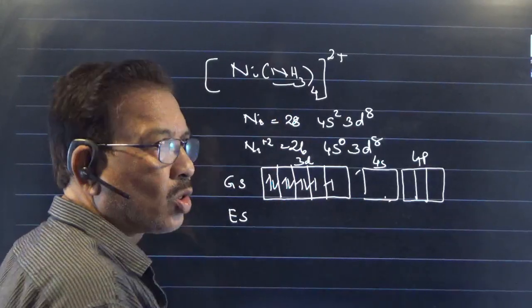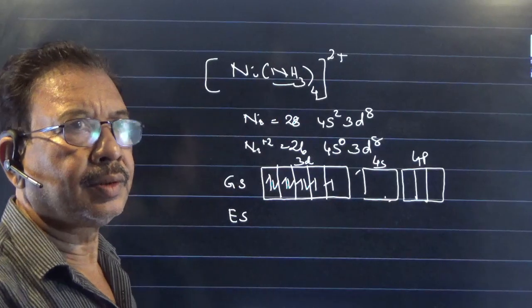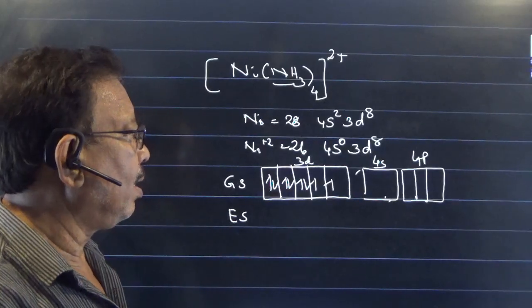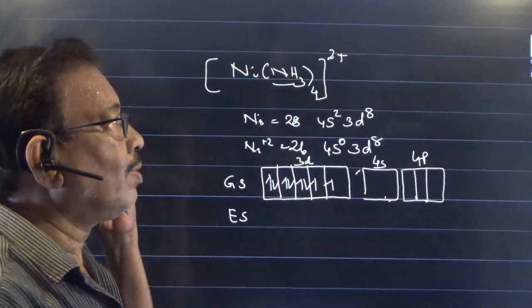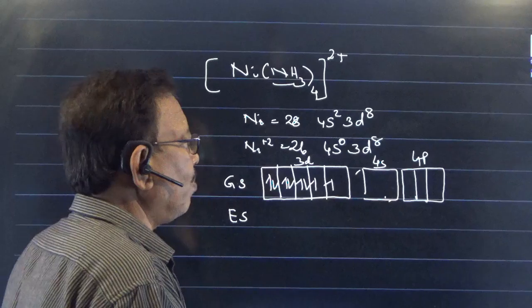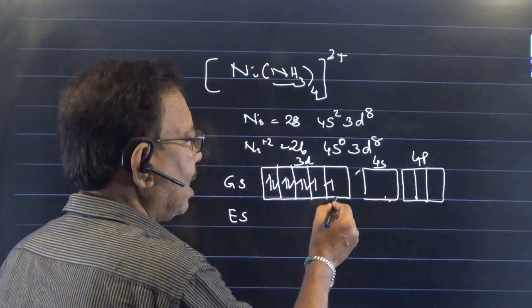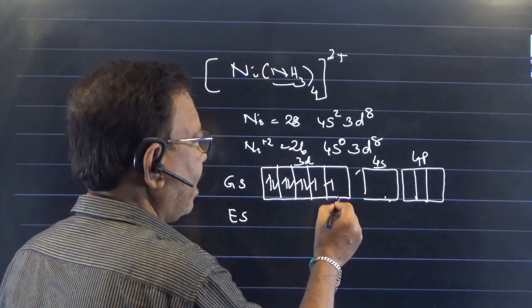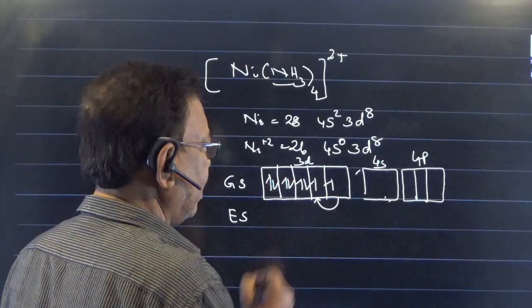Ammonia is a stronger ligand. So when ammonia approaches the metal atom, these electrons get paired up against Hund's rule of multiplicity.